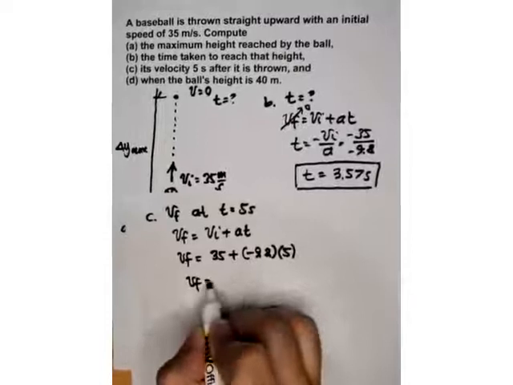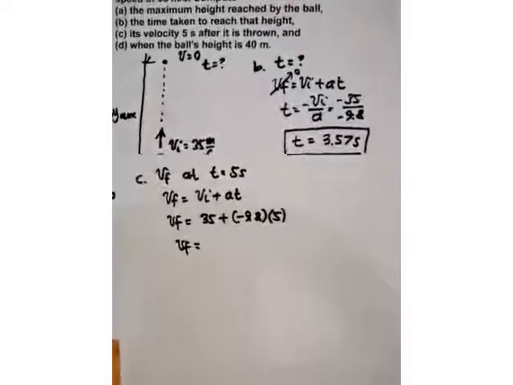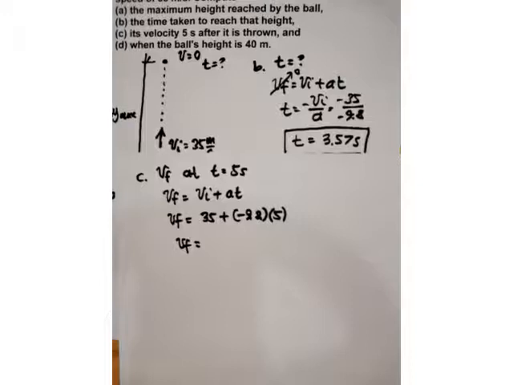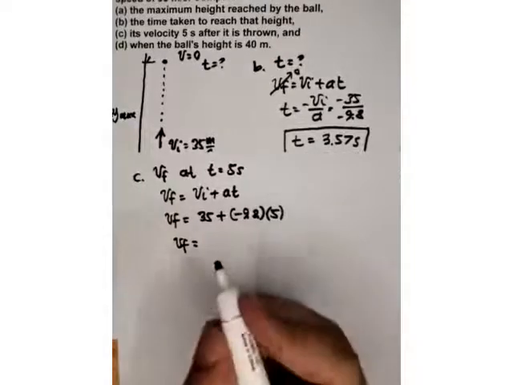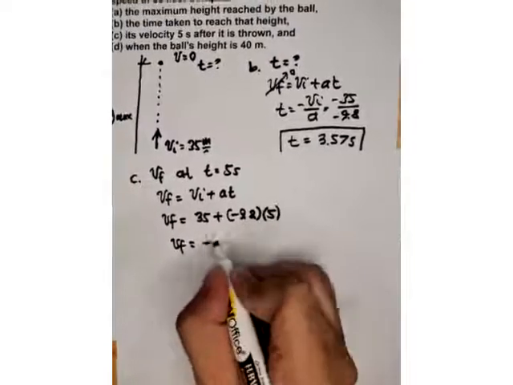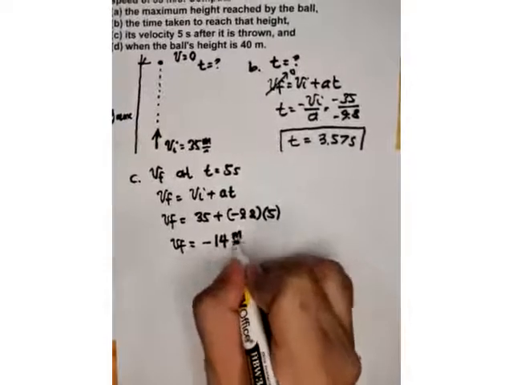So what's our V final? Okay. Negative 14 meters per second.